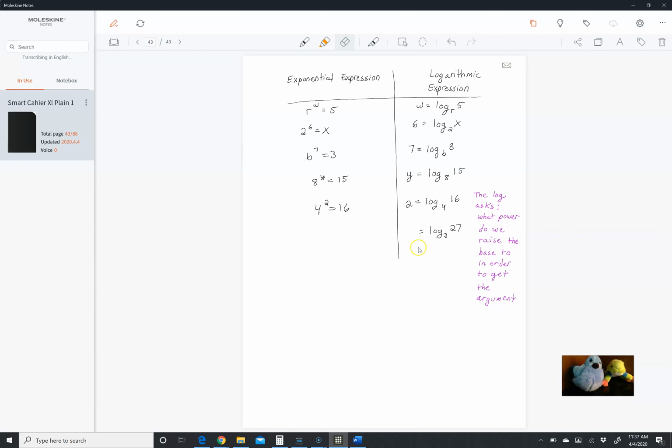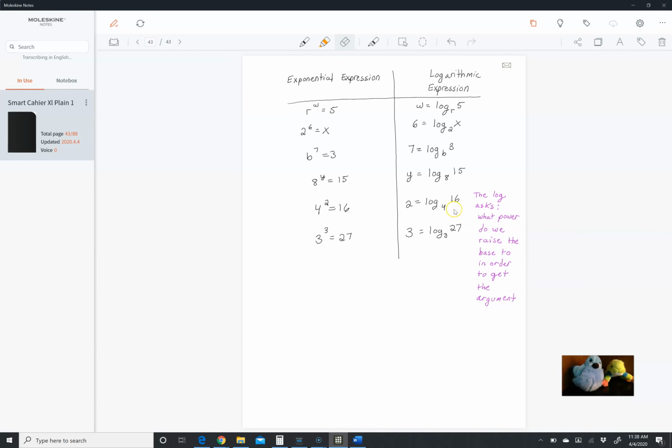So we're saying, okay, well, what power do we raise 3 to in order to get 27? In other words, we're saying 3 to what power is equal to 27? We need to fill in this power here. This is what needs filling in. So 3 to the 3rd is equal to 27. So this is a 3 here.